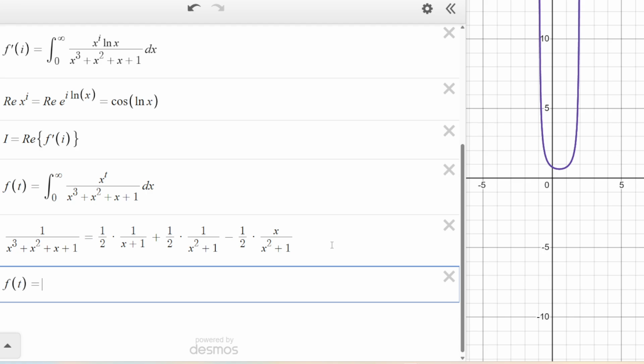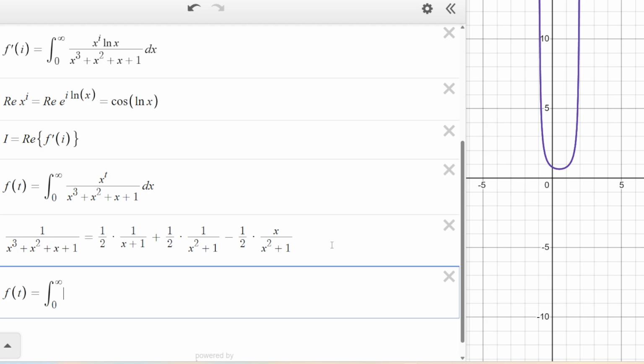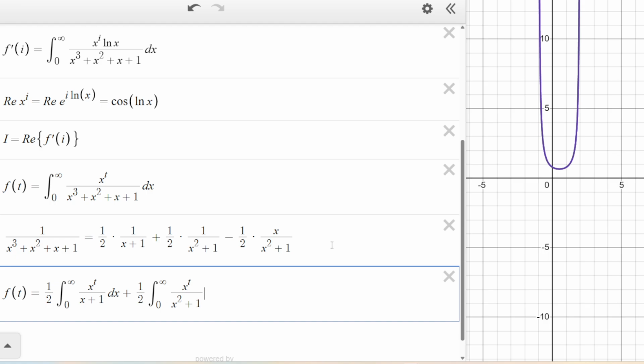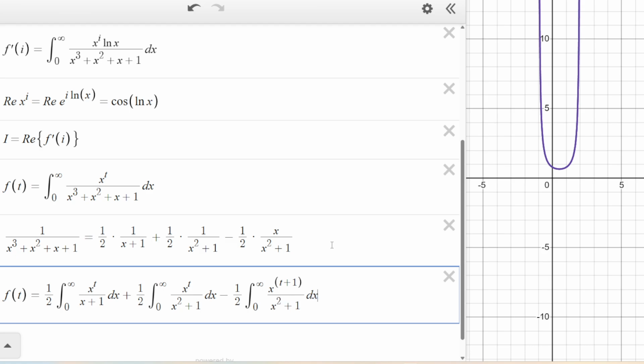So our f of t is now going to be equal to the integral from 0 to infinity of 1/2 times x to the t over x plus 1 dx, plus 1/2 the integral from 0 to infinity of x to the t over x squared plus 1 dx, and then minus 1/2 the integral from 0 to infinity of x to the t plus 1 over x squared plus 1 dx.